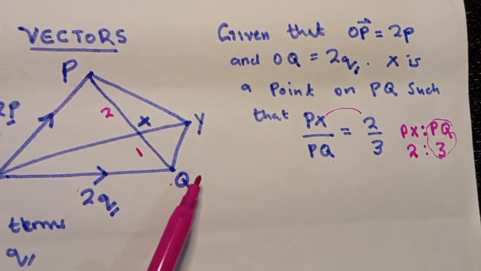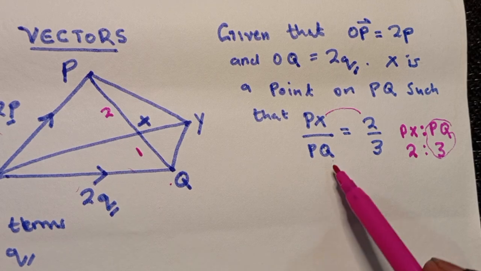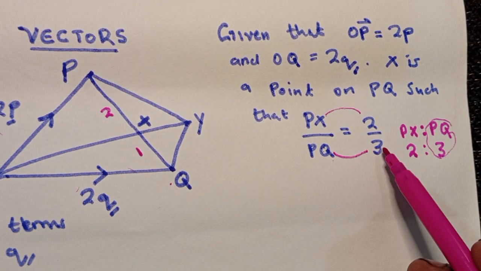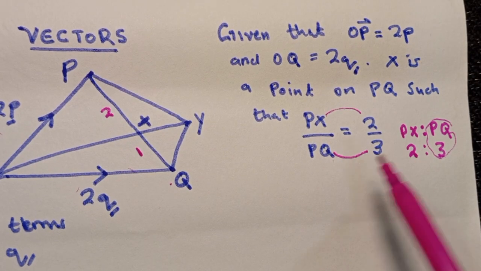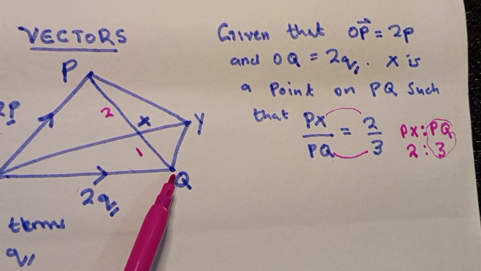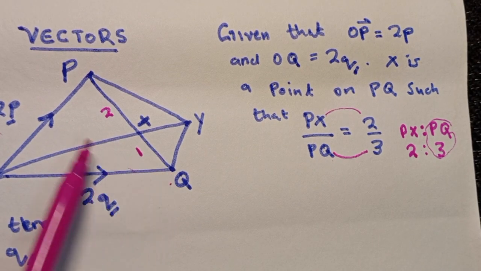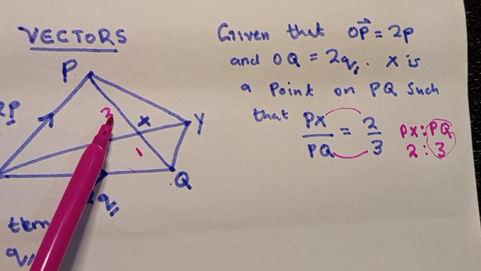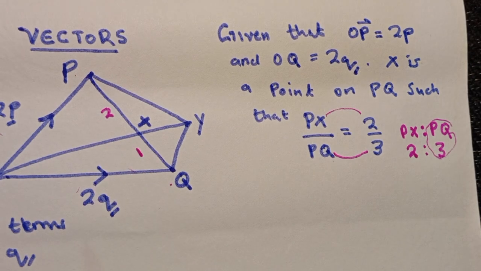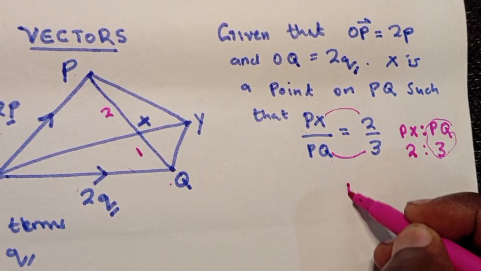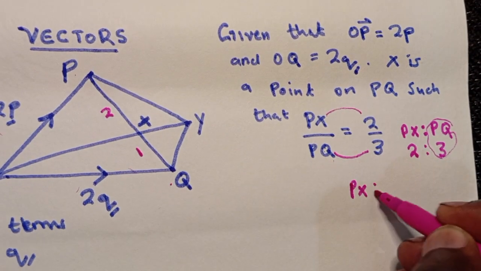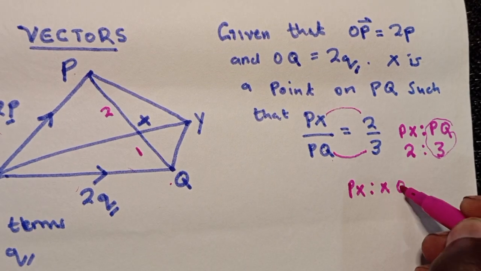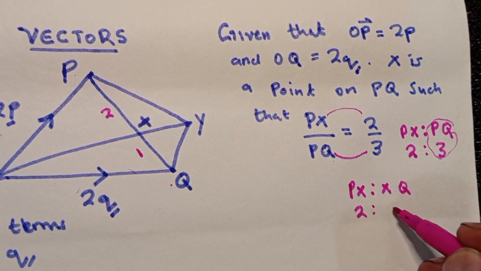The reason I've put a 1 here is because the ratio PQ is simply 3, and PQ is the whole of this line. So PX is 2 while XQ is 1. In other words, we can write another ratio and say PX to XQ is 2 to 1.